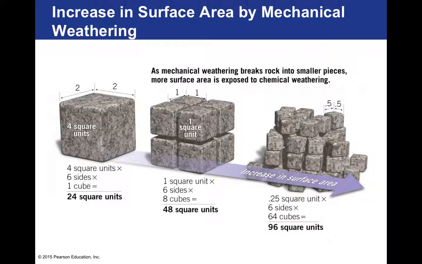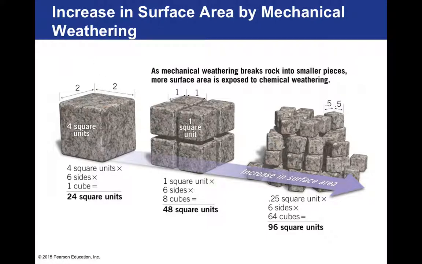All right, so what happens with weathering is you increase the surface area when you mechanically weather something. So just like in a chemical reaction, if you have a larger surface area in contact with the chemical agent or chemical catalyst, the reaction speeds up. The same thing happens with mechanical weathering. So if you had, let's say, this square piece of rock over here on the left, you only have a certain amount of surface area.